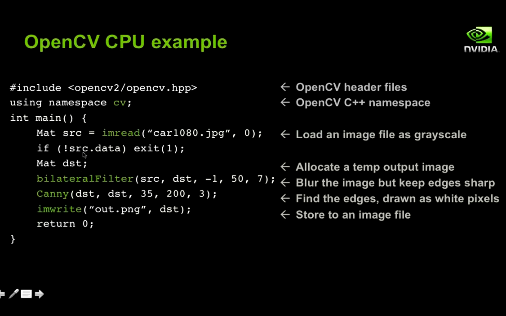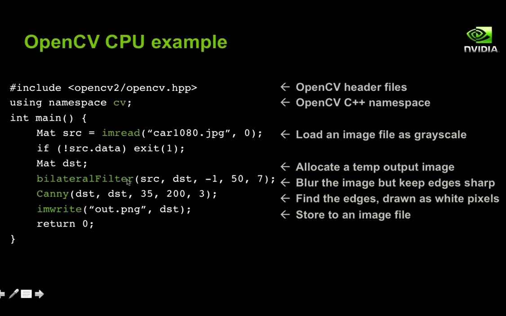Once we've loaded it, we make sure that we've successfully loaded it. We also create a Mat, which I just want to point out is the basic founding structure of OpenCV. Every image is represented as a single channel or multi-channel Mat, and it is very often used in OpenCV. Here we've created a destination Mat where we'd like to store the result of whatever processing we do on this image.